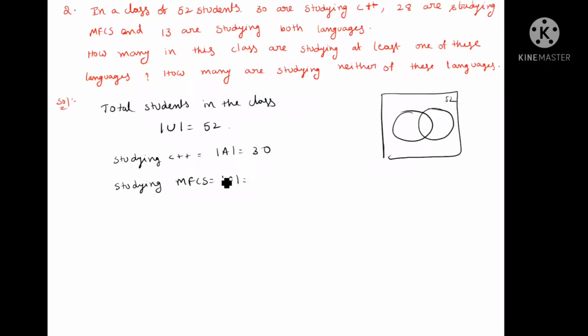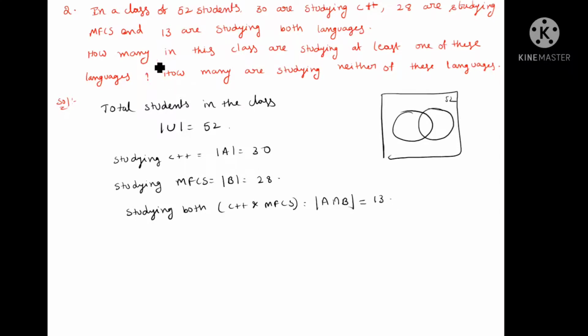Take the set B who are studying MFCS, so mod B equals 28. Now 13 members are studying both the languages, C++ and MFCS, so mod A intersection B equals 13. Mod means the number of elements.